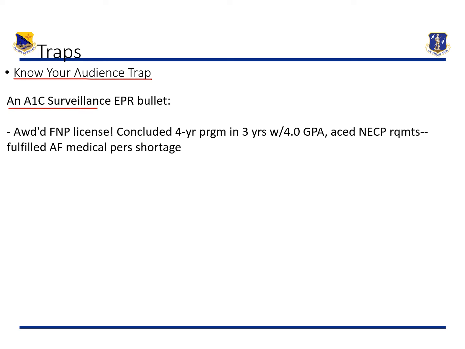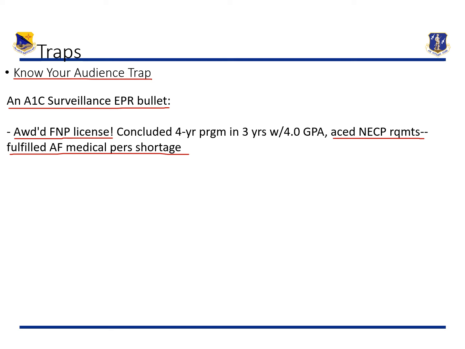Here we go. We have an A1C, surveillance technician. "Awarded FNP license. Concluded 4-year program in 3 years with 4.0 GPA." Nice. "Aced NECP requirements. Fulfilled Air Force medical personnel shortage." I see all kinds of issues with this.